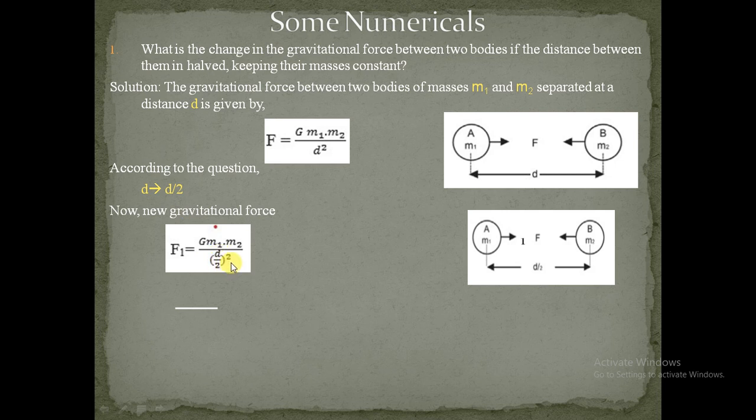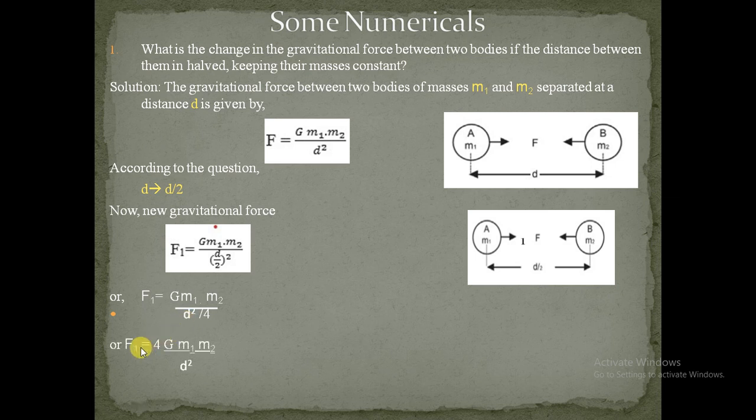F1 is equal to G m1 m2 upon d upon 2 whole square. If we solve it, F1 equals G m1 m2 upon d square by 4.